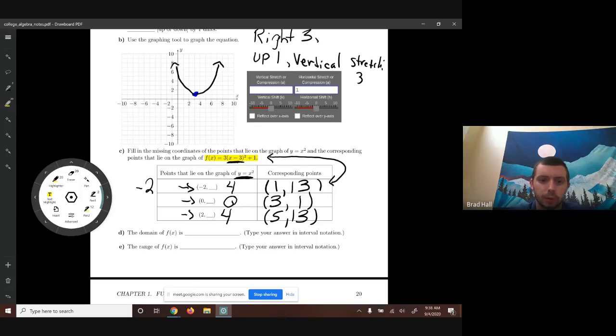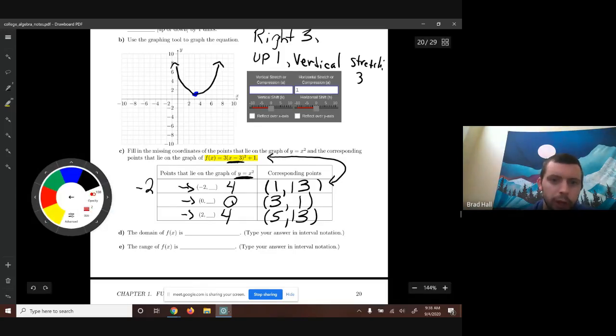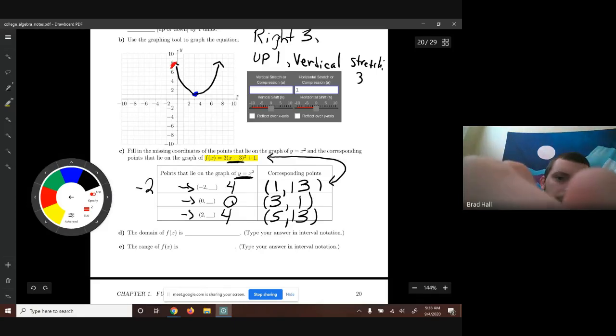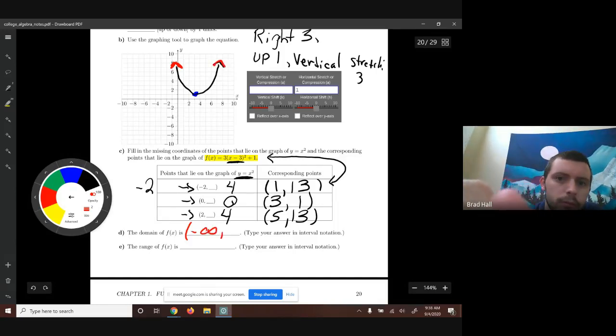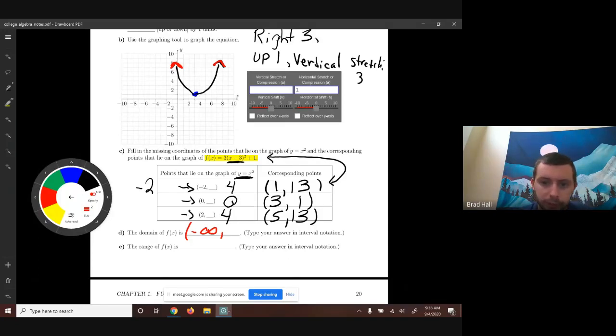And we use the x values. So I'll do this in red. How far to the left can we go? We hit an arrow, which means -infinity. To the right, we hit another arrow, +infinity. So that would be the domain.